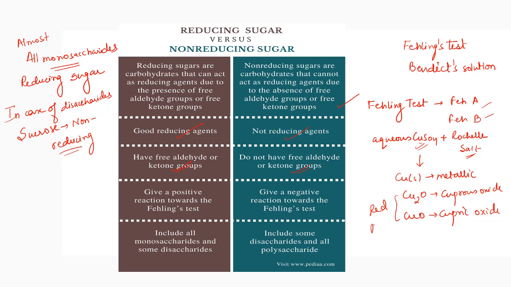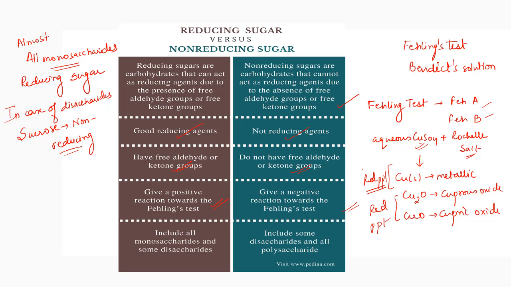You will get a red precipitate. Metallic copper is also a red precipitate. Understood? So reducing sugars give a positive reaction towards the Fehling test, and non-reducing sugars give a negative reaction towards the Fehling test.